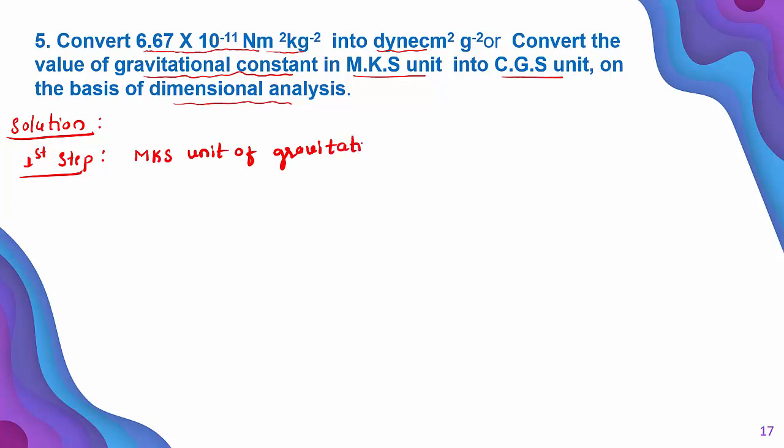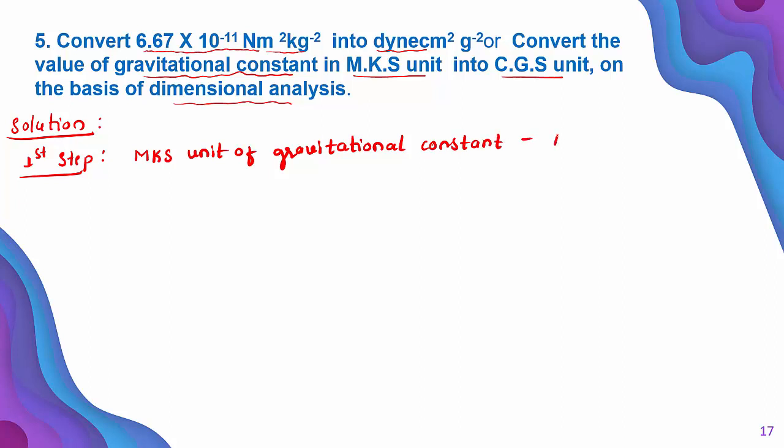Right. Similar steps we have to follow here. So solution. The first step is we have to write the MKS and CGS unit of gravitational constant. It is already given in the problem. MKS unit of gravitational constant is, what is its unit?